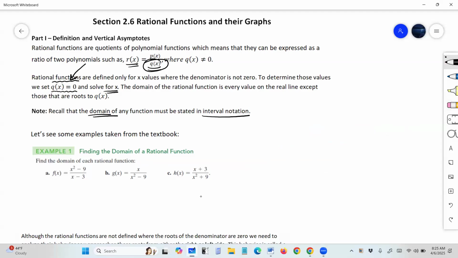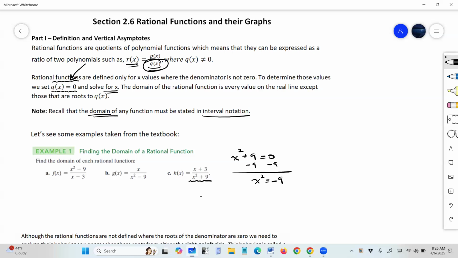So the next example, again, here's my q(x). And in order to find the domain, I set the denominator to 0. This is not a difference of squares because of the plus. So the only thing I can do is subtract 9. And I get x squared equals -9.